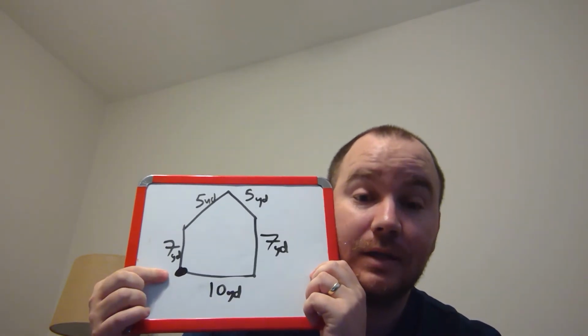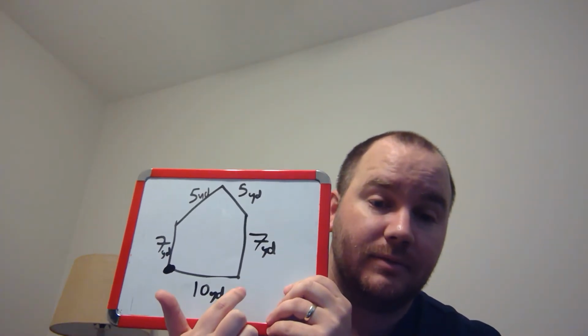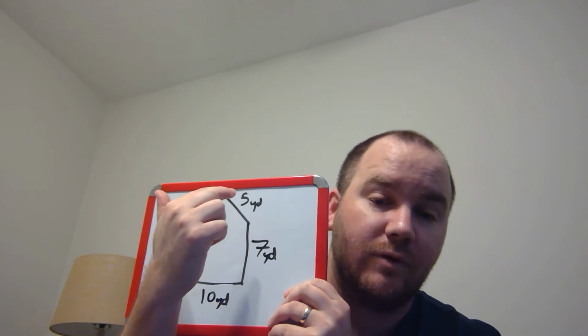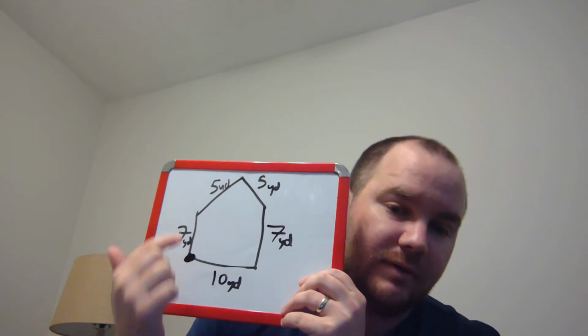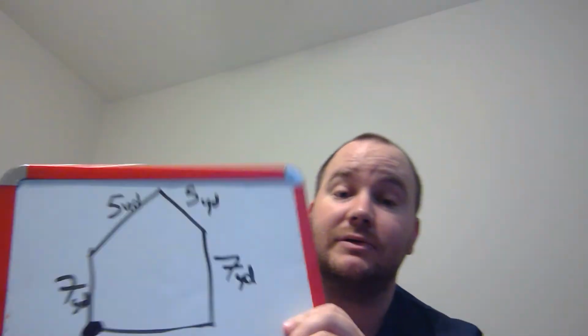But it's a running joke. So, here, Miss Bell starts. She's going to go over 10, up 7, over 5, down 7. Okay? So, literally it's perimeter. So, it's the distance around something. It's literally it. Okay? So, let's see if we can figure it out. Actually, no, we're not.